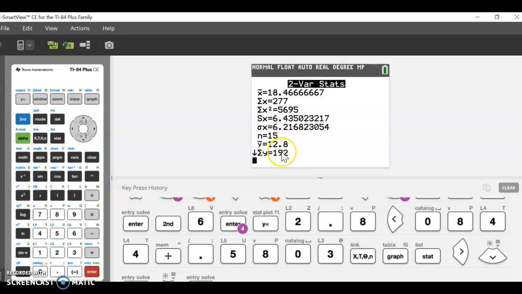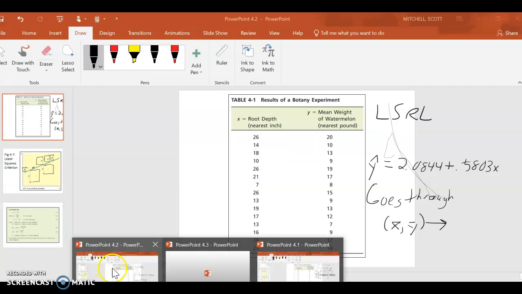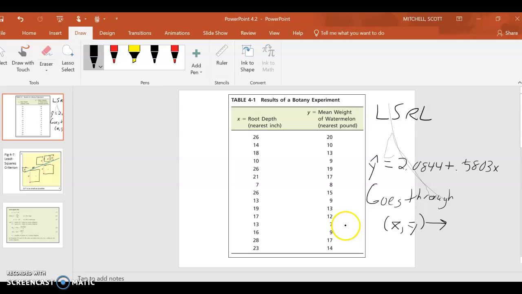We'll round that up. And y bar is 12.8. So 18.47 and 12.8. So we definitely want to include that point on our graph if we were to graph it.